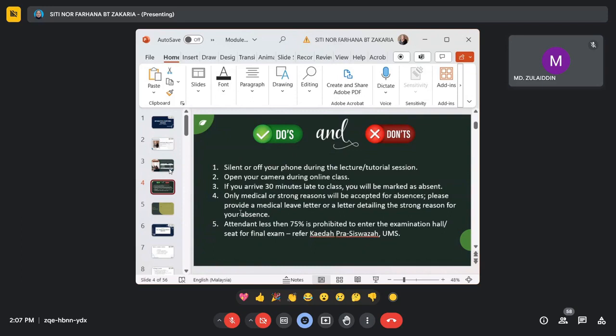Because with less than 75% attendance, you cannot enter the final exam hall. This has been stated in Kaedah Proses Wazah UMS. So students should know about this. Okay. Any questions so far? Okay, good.